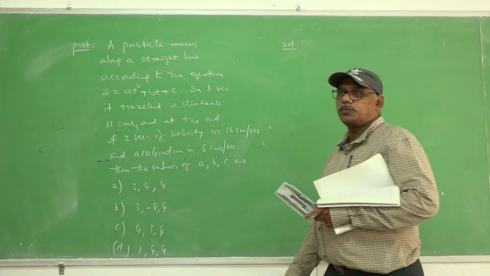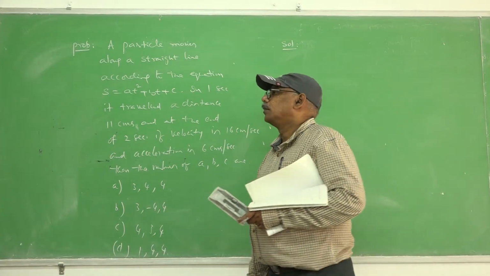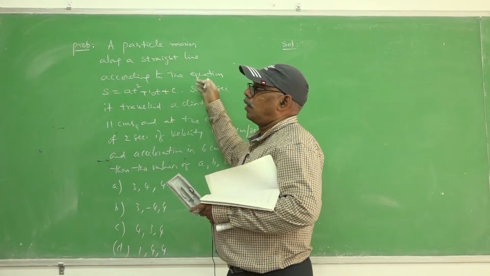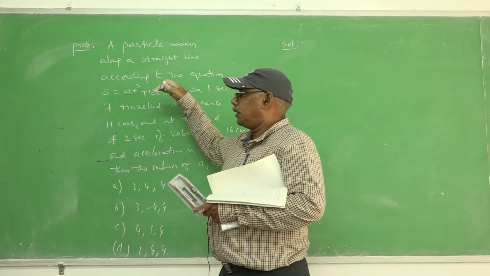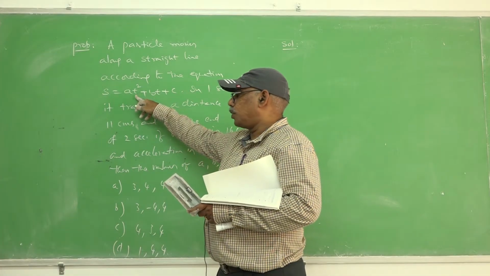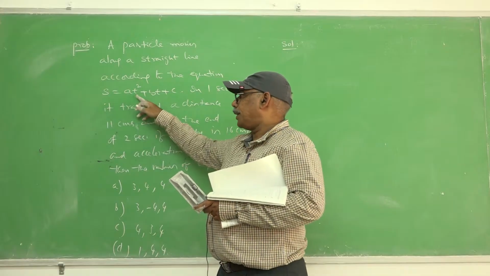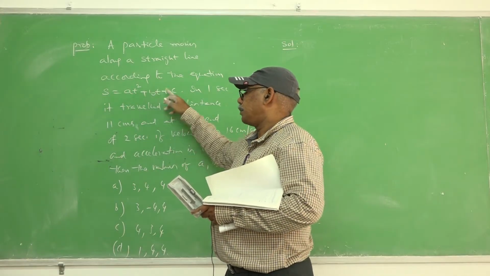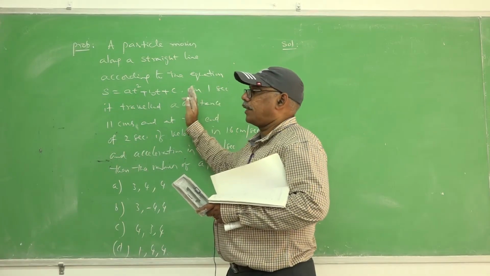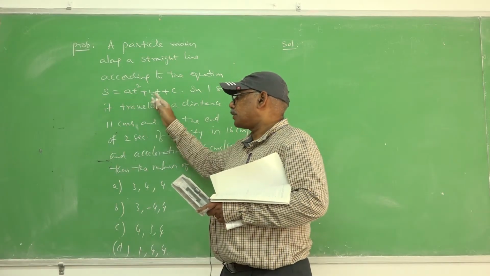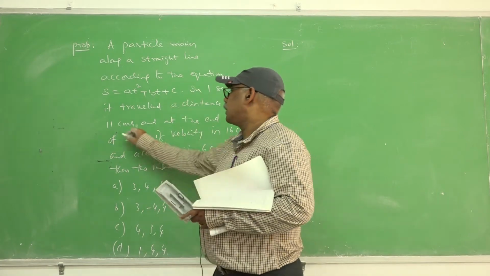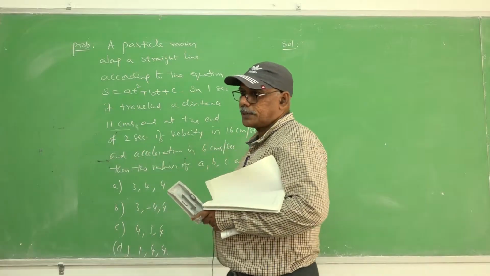Initially t equal to 0. In 1 second, how much distance did it cover? Taking t equal to 1, the distance obtained is A plus B plus C. At the end of the first second, it covers the distance A plus B plus C, which is given as 11 centimeters.